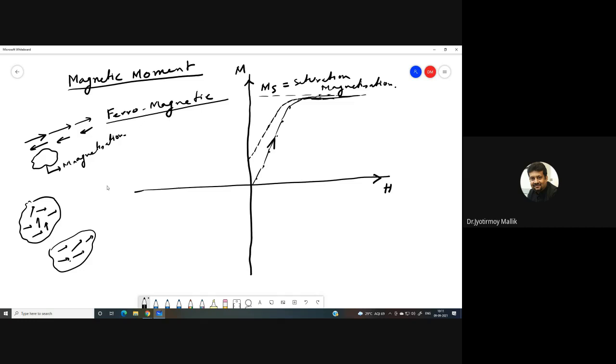And then, even if I make my H, that means the external magnetic field, 0, I will see that I am still left with some magnetization, and that is what we call Mrs, or isothermal remanent magnetization.